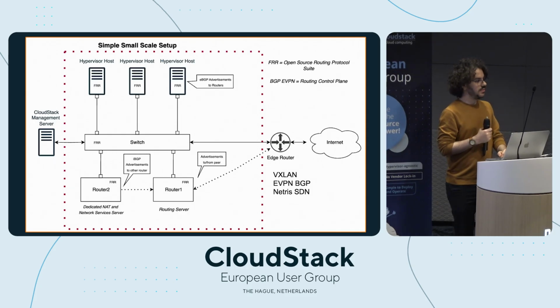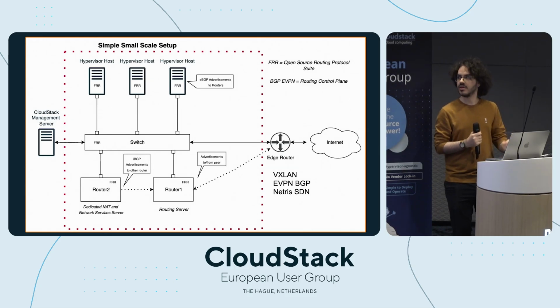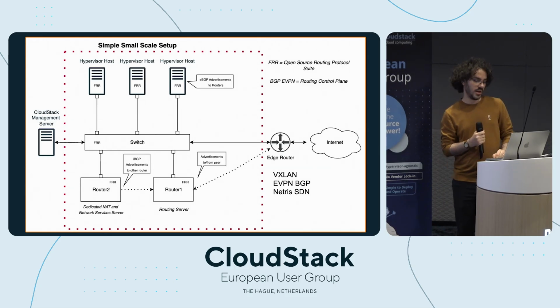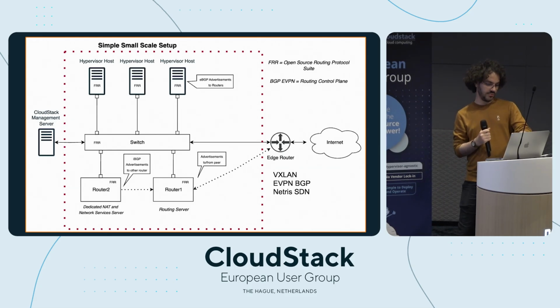Then you obviously have the choice to, for example, do a source NAT from one of the router servers, or maybe the entire network is already routable because it's public, like a 130-dot-something address range. And it goes all the way from here, it gets advertised with EVPN BGP to your router, to the edge router, and then onto the internet.